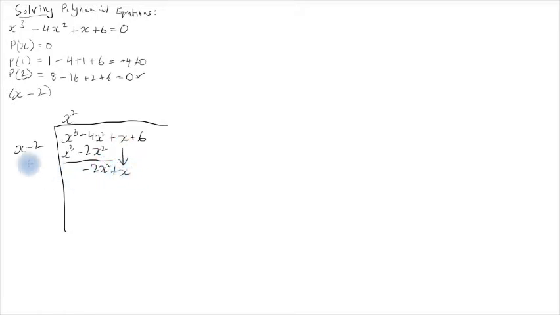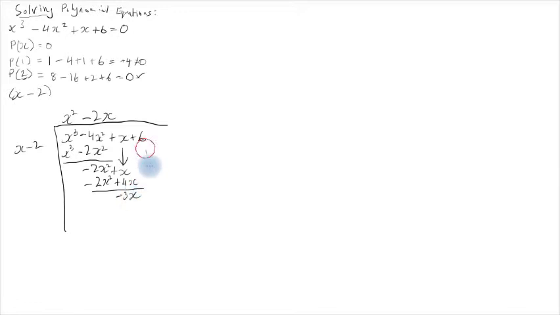How many x minus 2's are there in minus 2x squared plus x? Well, that would be minus 2x. Multiply this term by the expression over there. It's minus 2x squared plus 4x. Subtracting the bottom from the top gives us 0. x take away 4x is minus 3x.